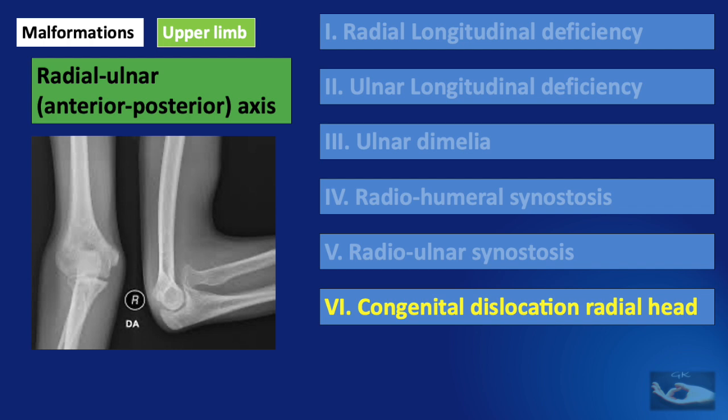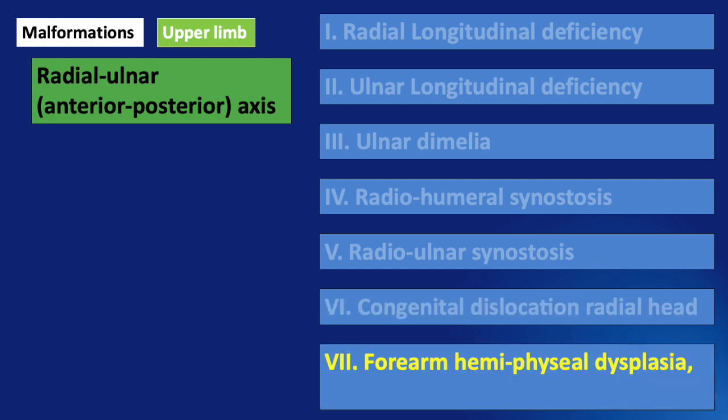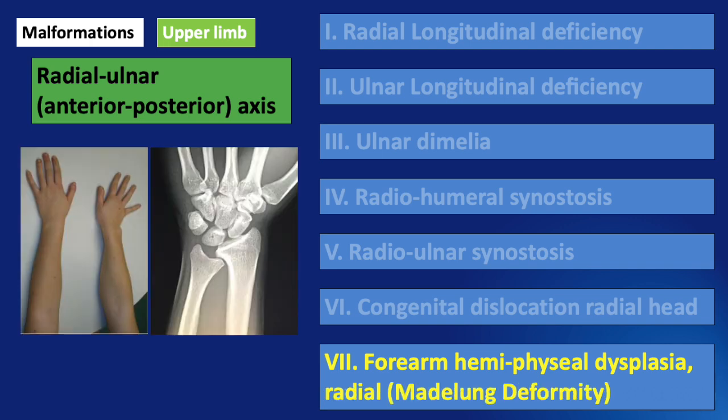Congenital dislocation of the radial head also falls under the category of radial ulnar axis malformations involving the entire upper limb. The final category is the forearm hemiphyseal dysplasia. This could be a radial involvement which is called the Madelung deformity, which refers to bowing of the radial shaft with increased interosseous space and dorsal subluxation of the distal radio-ulnar joint.